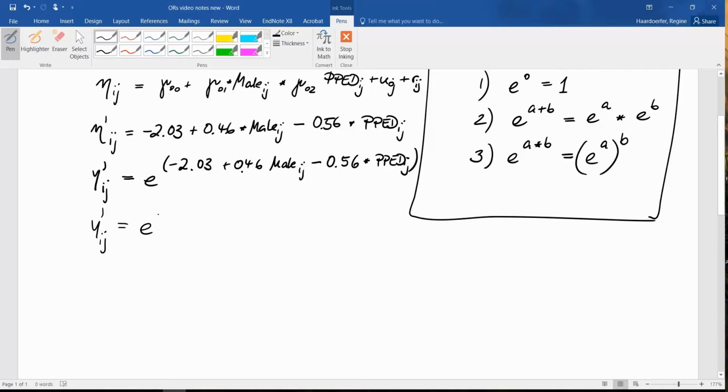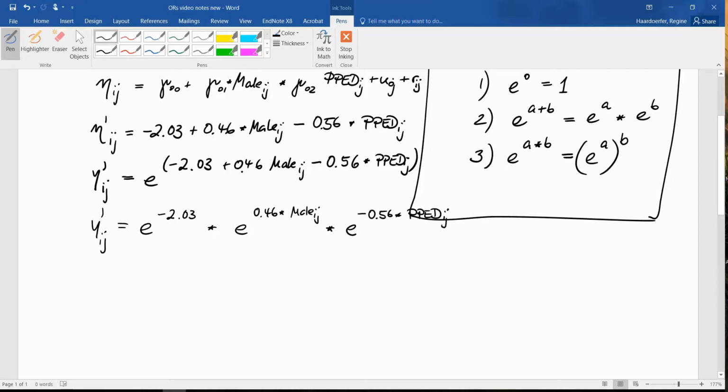We have the first one, the second one, and the third one. So it's e to the negative 2.03 times e to the 0.46 times male ij times e to the negative 0.56 times pre-primary education.